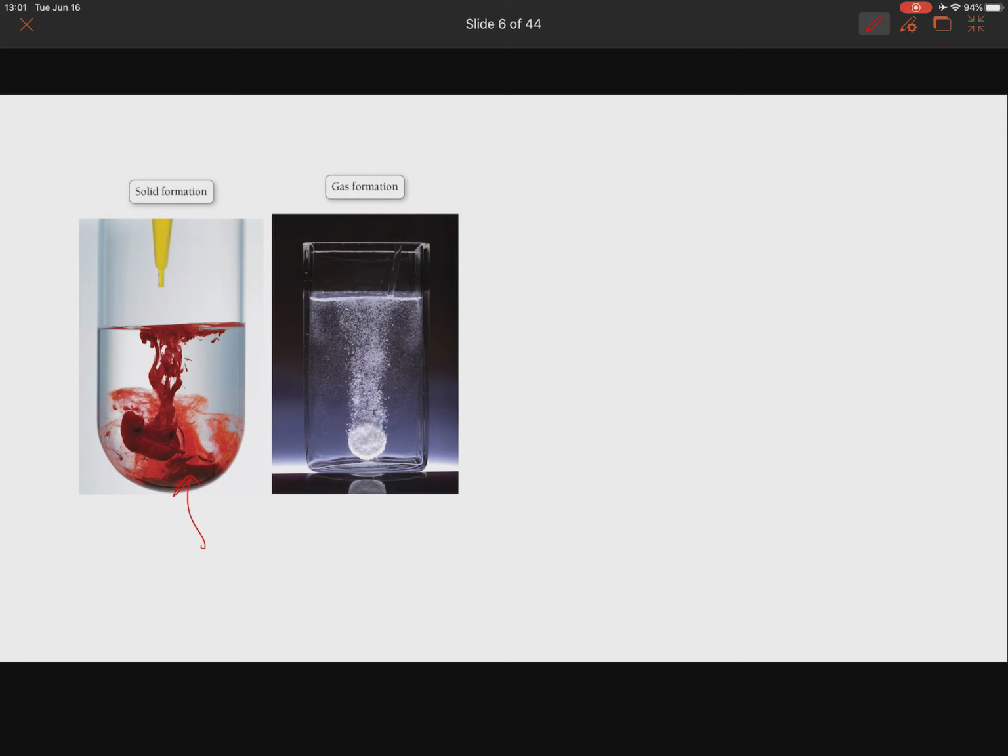This yellow liquid is interacting with this clear liquid, and right where they touch, a solid is forming and settling, or precipitating, to the bottom. Gas evolution, formation of a gas. Something is happening inside this reaction, right? This is a Tums or an Alka-Seltzer or something, some kind of carbonate-containing molecule. This is reacting with the water and it's producing carbon dioxide.